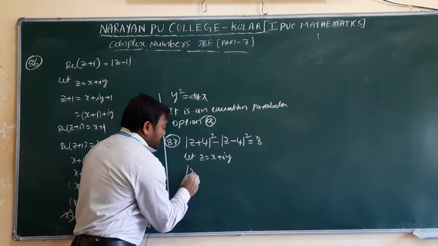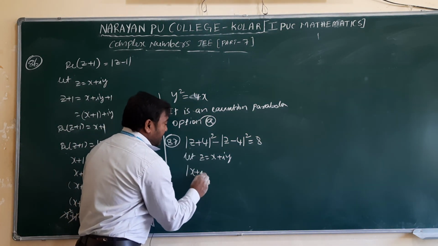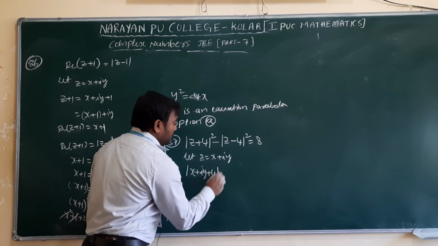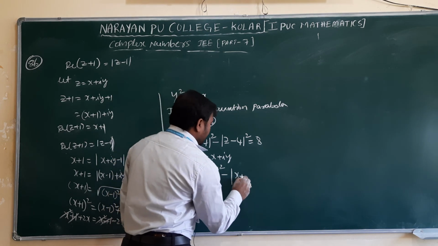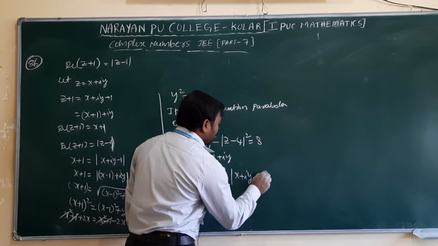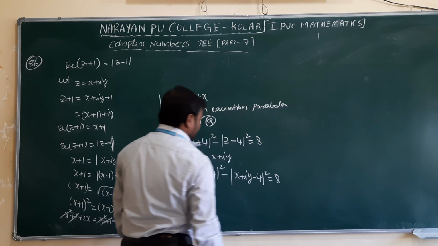So substituting, x plus iy plus 4 whole square minus x plus iy minus 4 whole square is equal to 8.